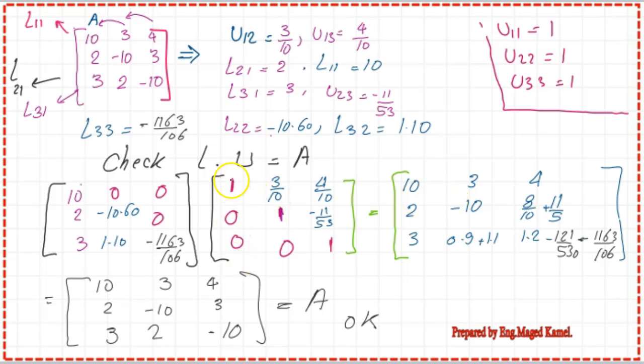First column, no change, so we have 10, 2, 3. We will multiply 10 by 3 over 10.